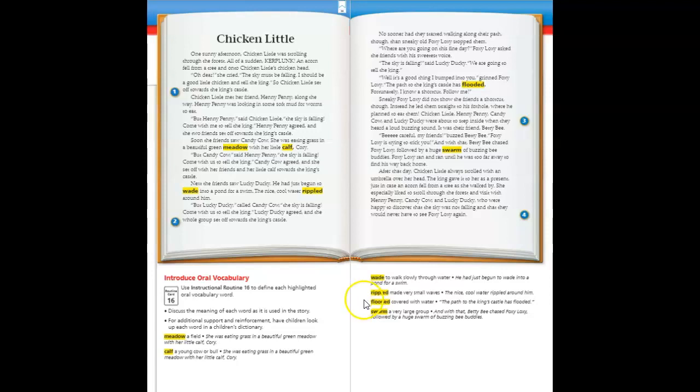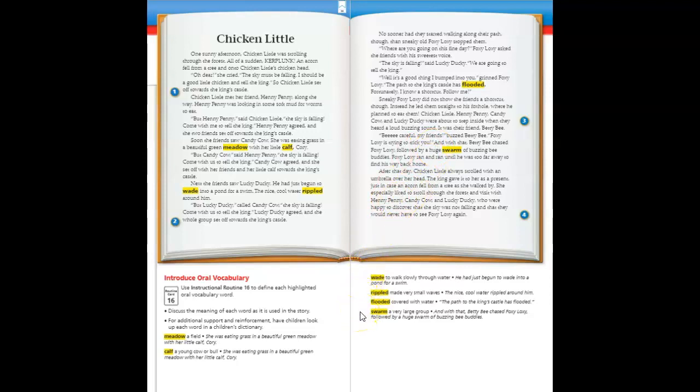The next vocabulary word we saw was the word flooded. The word flooded means covered with water. In our story, the word flooded was used in the sentence, "The path to the king's castle has flooded." And the last vocabulary word we saw was the word swarm.